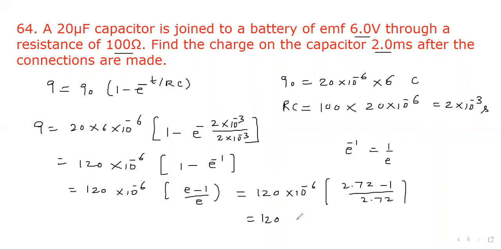So 120 into 10 to the power minus 6 into 1.72 divided by 2.72. If we multiply, we will get it as 75.88 into 10 to the power minus 6 coulomb. And that is our answer. Thank you for watching.